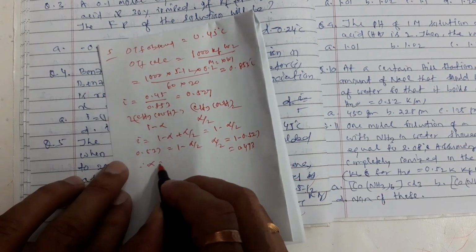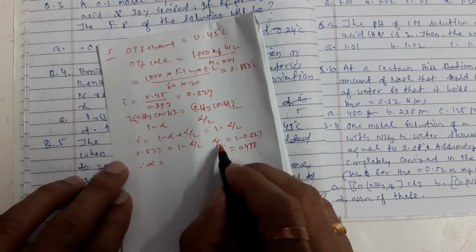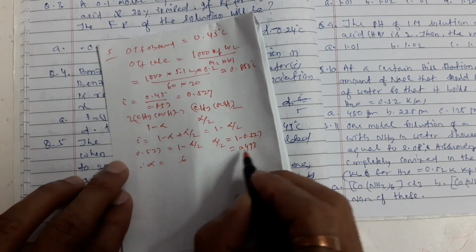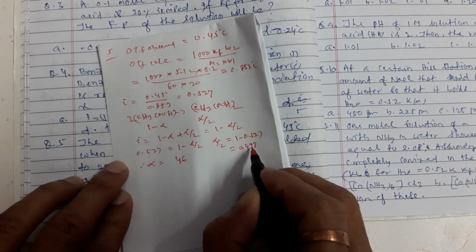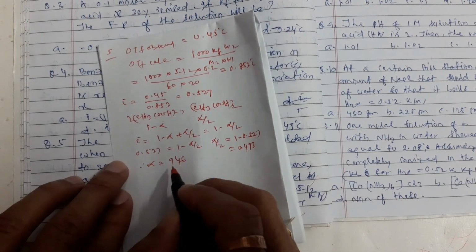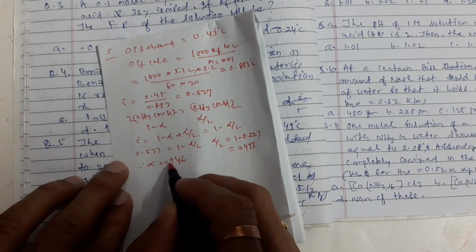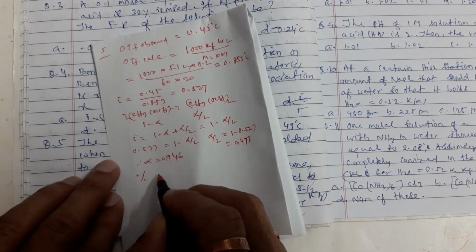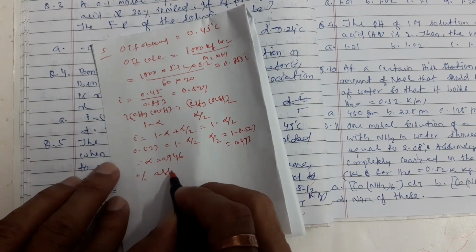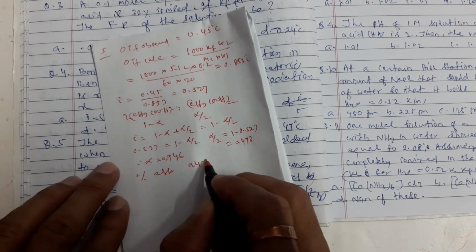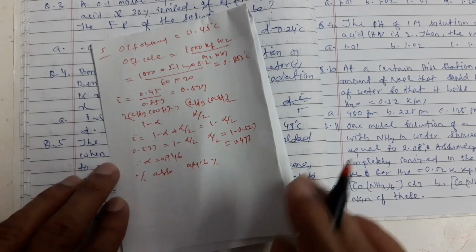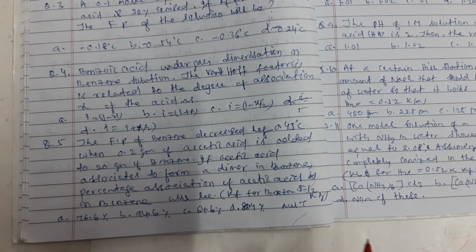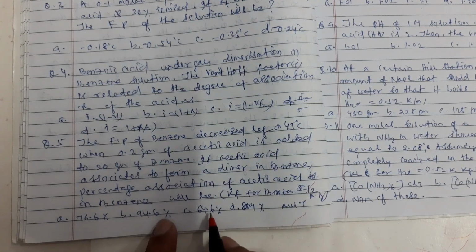Then what is alpha? Alpha is equal to multiplication of 2, so you will get 0.946. Then percentage association, that is 94.6%. Okay, so which one is correct answer? 94.6 is the correct answer.